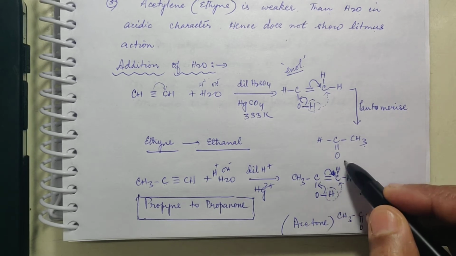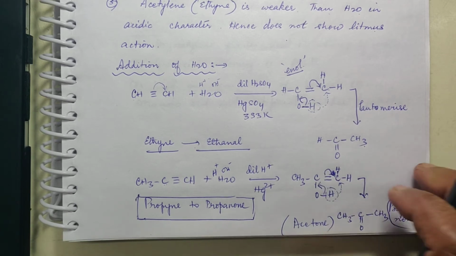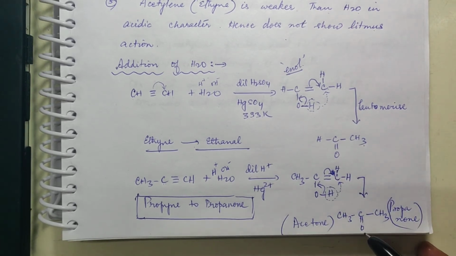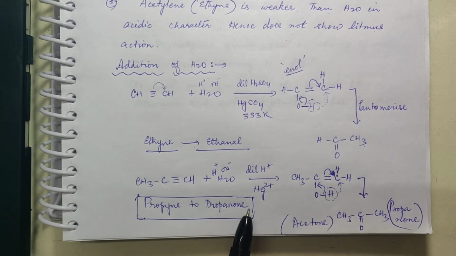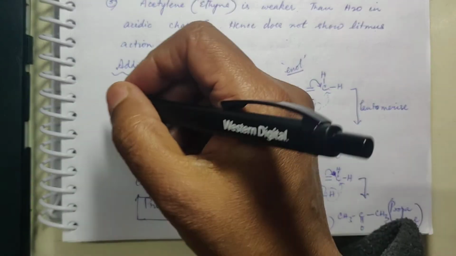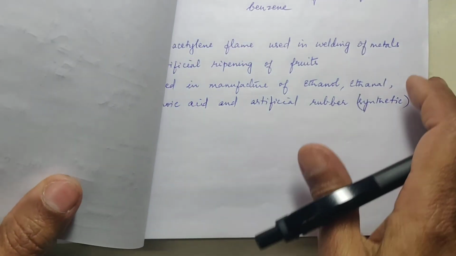So it will become CH3, and this will become C double bond O. So what is the product you will get? You will get acetone, or propanone. This conversion can be asked as, how will you convert propyne to propanone? This is a very, very important question, right?